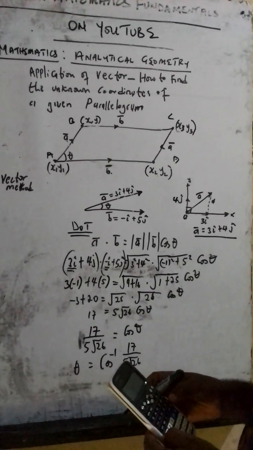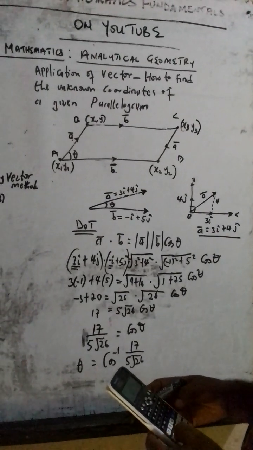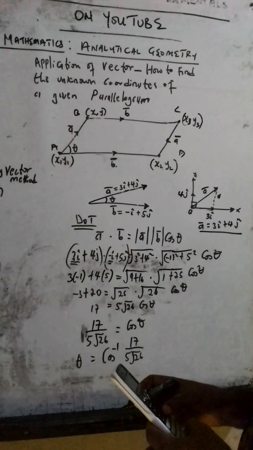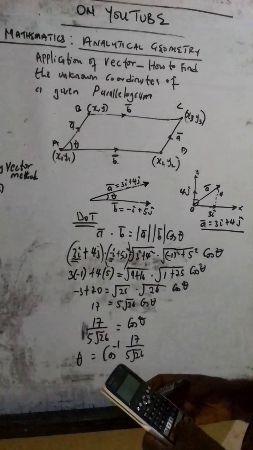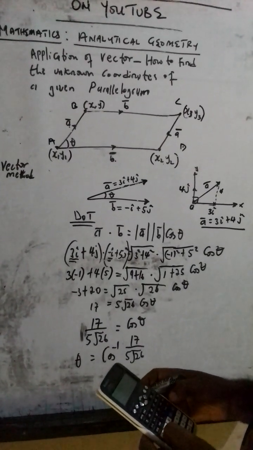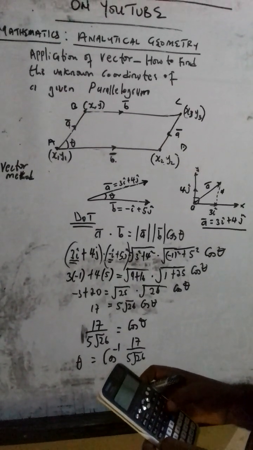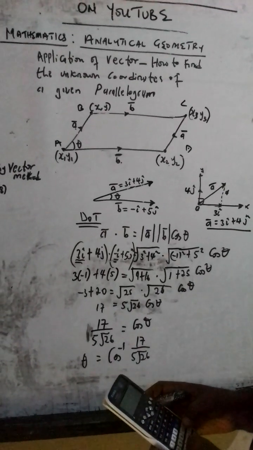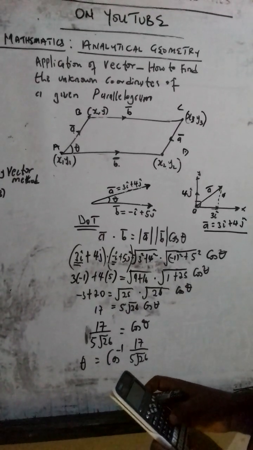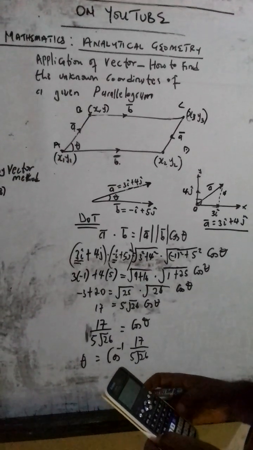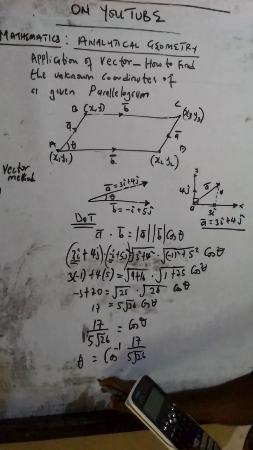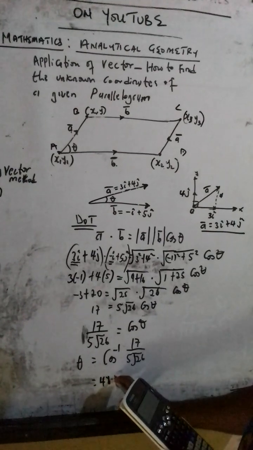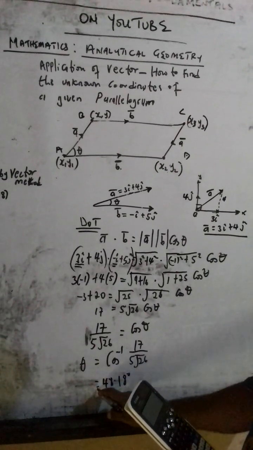So we press 17 divided by 5 root 26, that's 5 square root of 26. So we are going to have roughly 48.18 degrees.